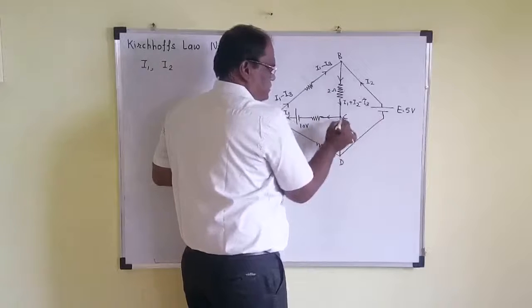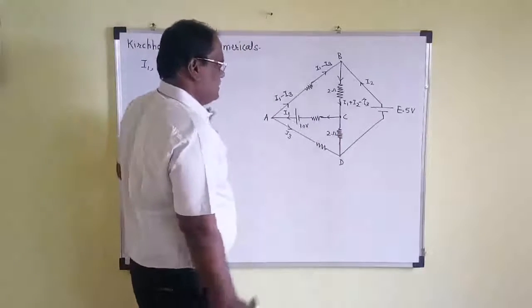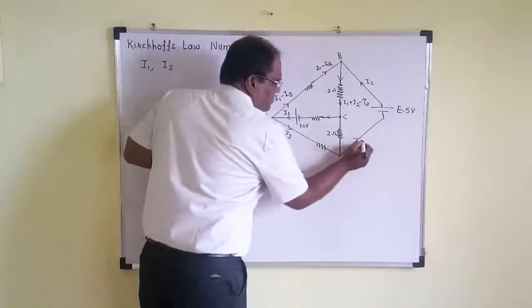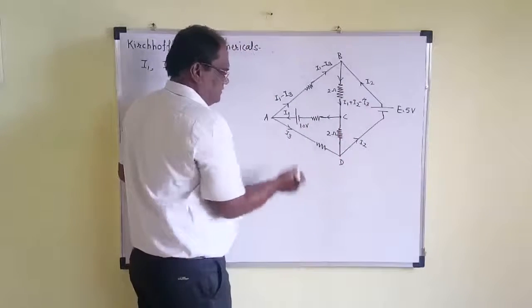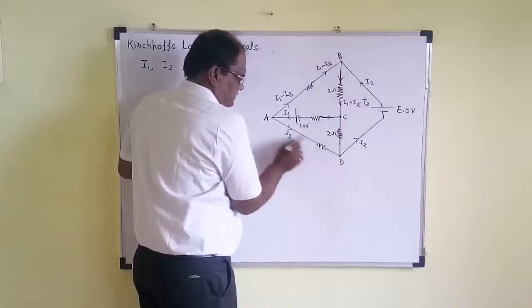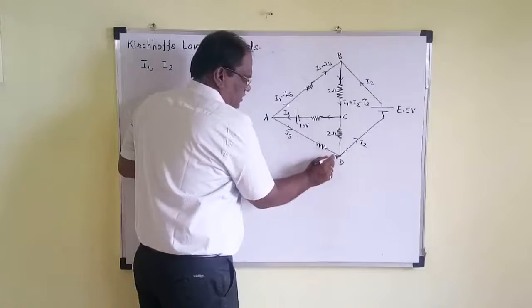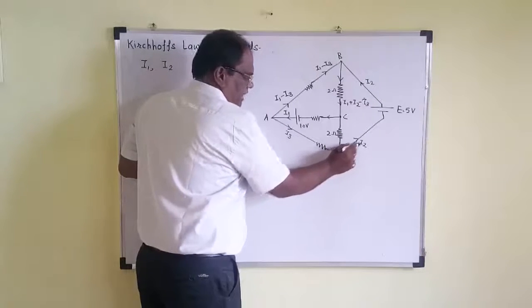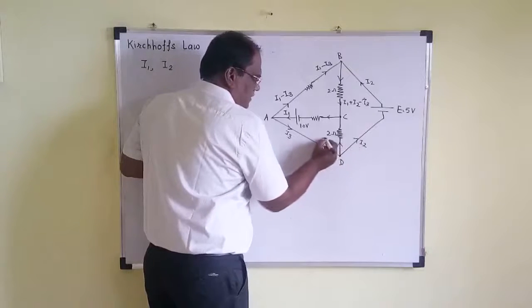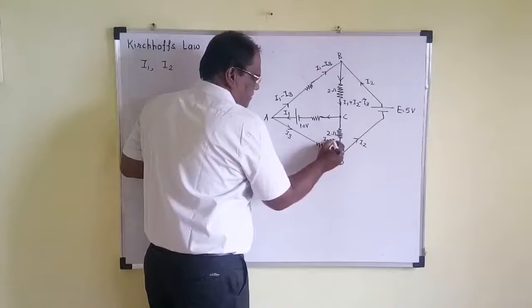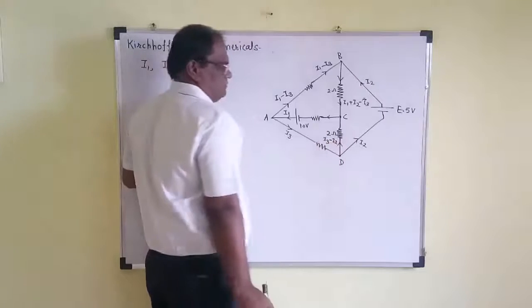This is a junction point. See here, I2 is the current flowing in this direction at the point D. I3 is coming to the point D, I2 is going away from D. This will be I3 minus I2.